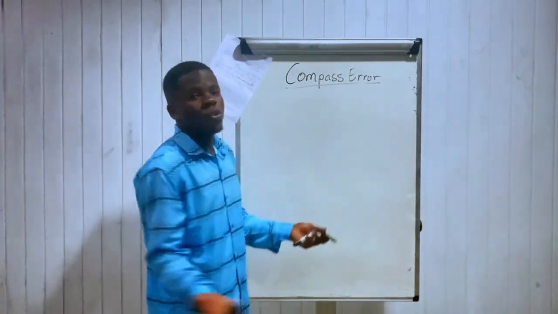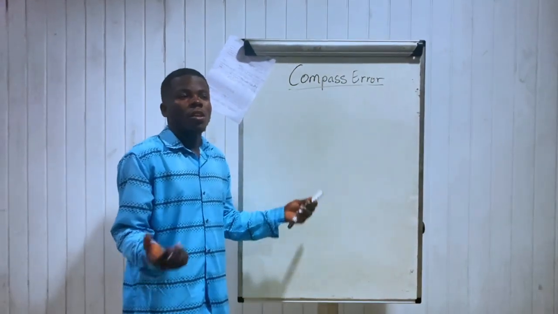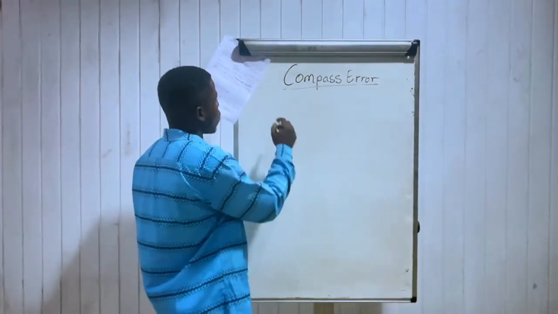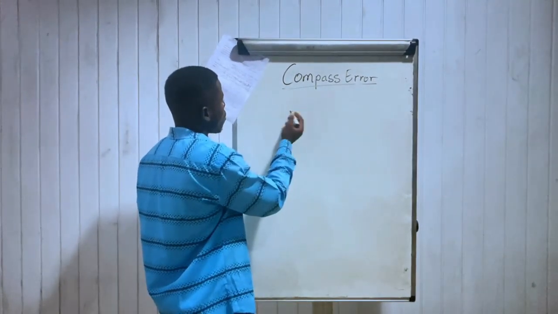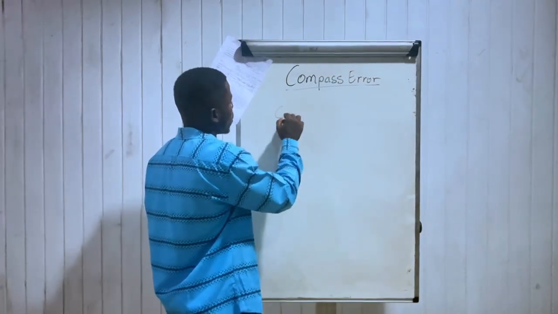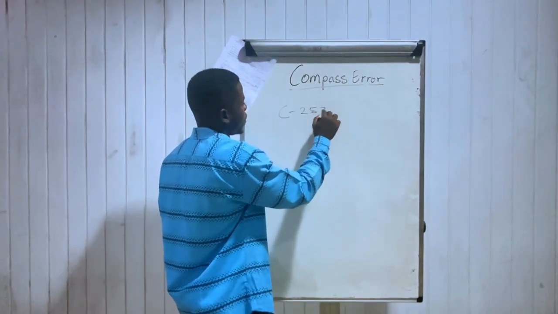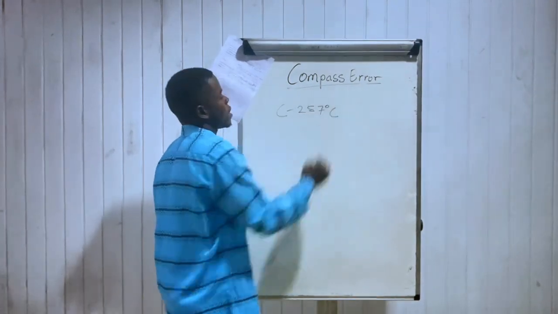So, assuming on board you will get your compass to be 257 degrees compass.